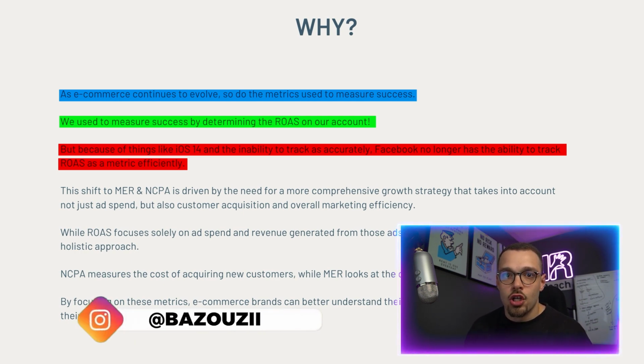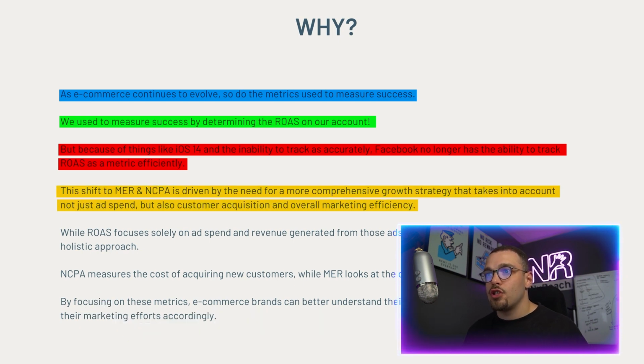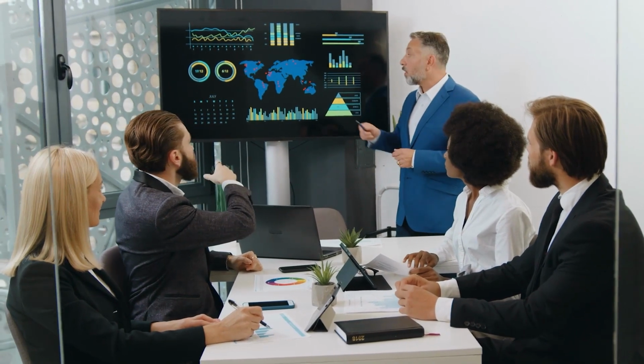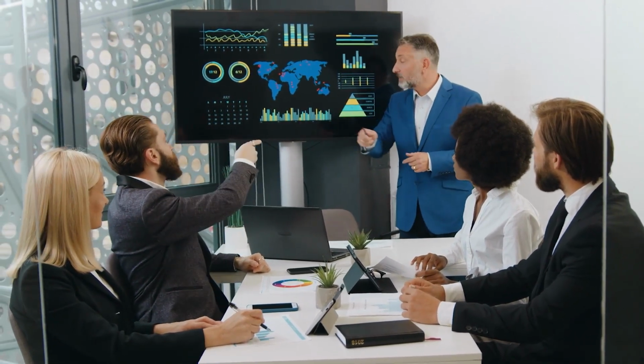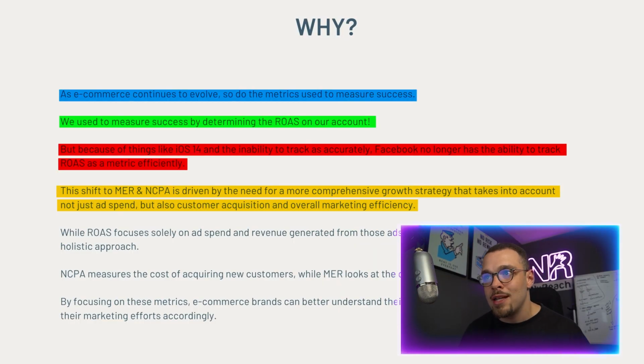is efficient to track. So this shift to MER and NCPA is driven by the need for us as a marketing team to have a comprehensive growth strategy that takes into account not just our ad spend, but also customer acquisition as a whole and how effective our marketing is in terms of efficiency.